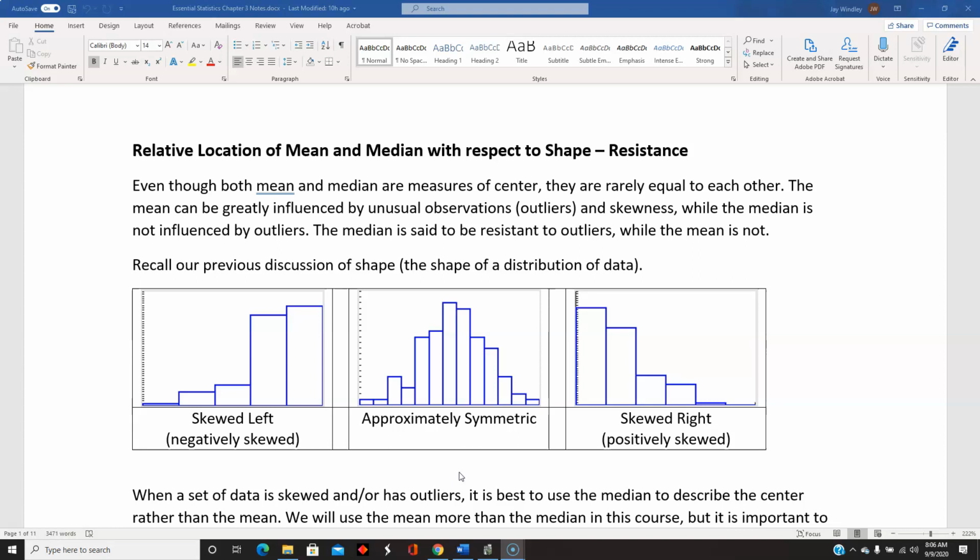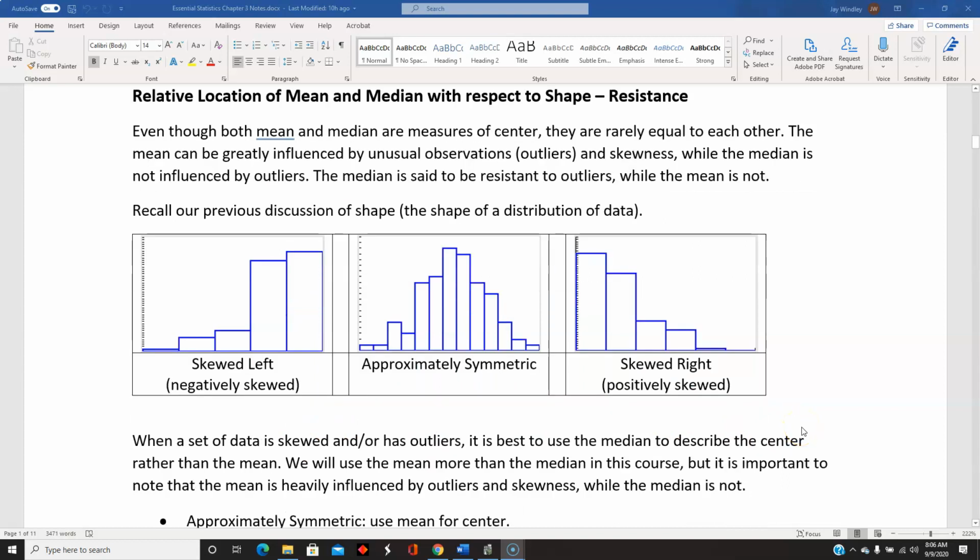So the median is said to be a resistant measure of center, or resistant to outliers. So remember this discussion from previous notes about the 3 different types of skew. When a data set is skewed or has outliers, it's best to use the median to describe the center.